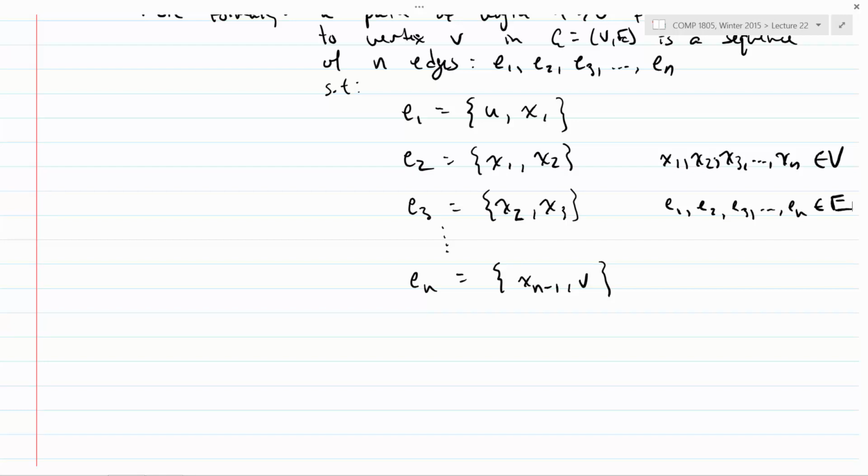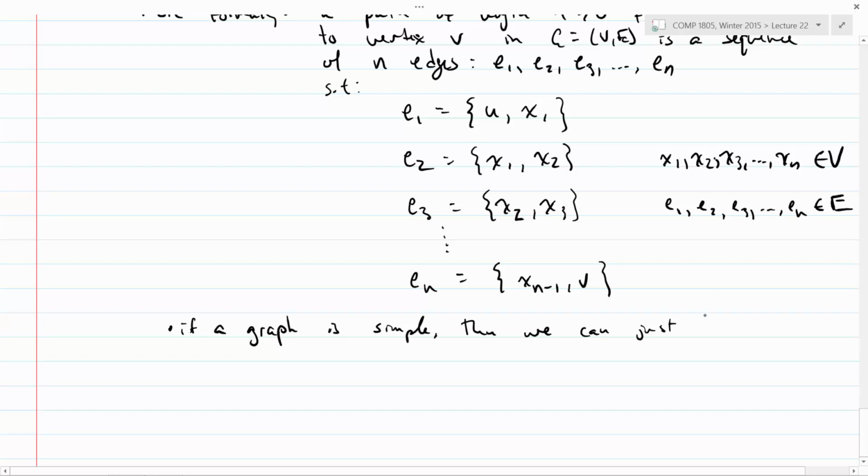So if the graph is simple, you can think of a path as a sequence of vertices such that each vertex is adjacent to the previous one. That's the same. So if a graph is simple, then we can just use the vertex sequence to label the path.